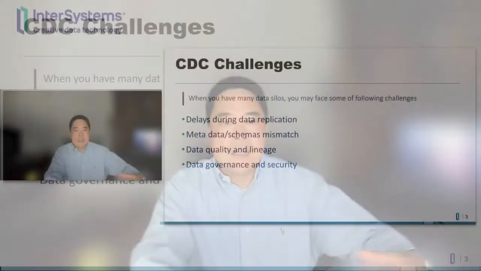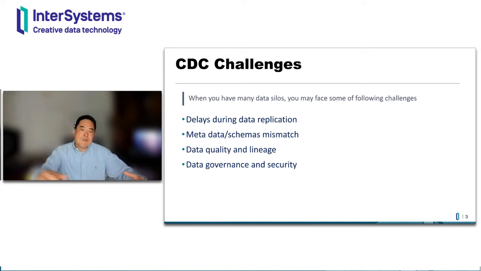Then also there will be security concerns too. So you can do whatever you can within your system A, but if you have no control over system B, once you do the CDC replicate data there, then you have to rely on system B to guarantee the data security, among others. So these are the main challenges CDC is facing.